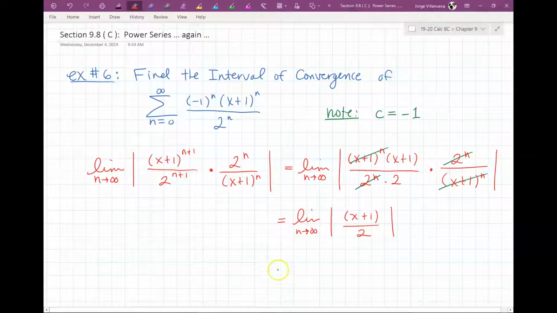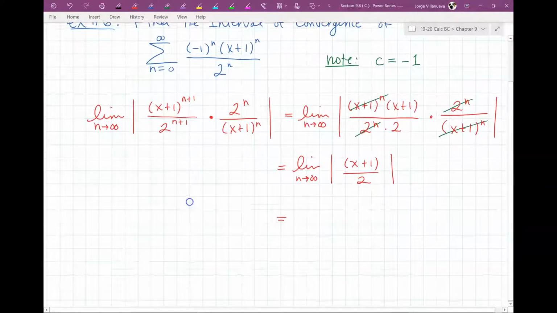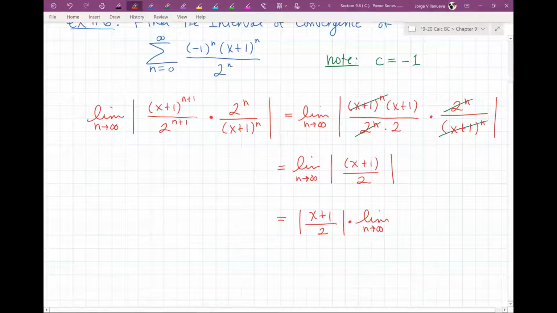So since n is the variable of choice, that means I get to take out x plus 1 over 2 from the problem. Okay, so x plus 1 over 2 goes out, and inside all that's left is a 1. And we know the limit of 1 is 1, right? So this is basically what I have, x plus 1 over 2.